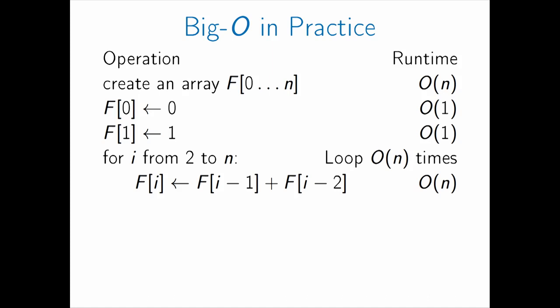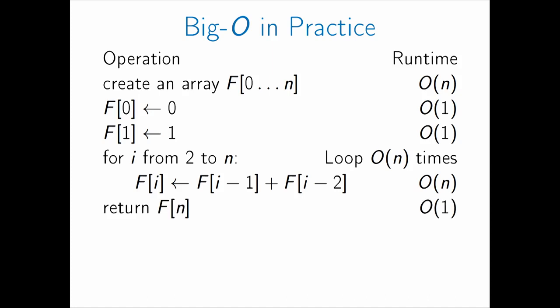Well, you sort of add the tens digit and you carry, and you add the hundreds digit and you carry, and you add the thousands digit and you carry, and so on and so forth. And you sort of have to do work for each digit place. And so the amount of work that you do should be proportional to the number of digits. And in this case, the number of digits is proportional to n. So this should take O of n time to run that line of code.